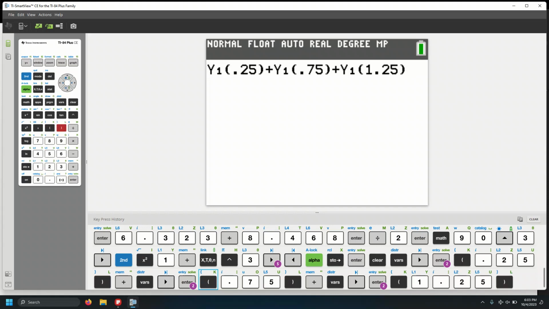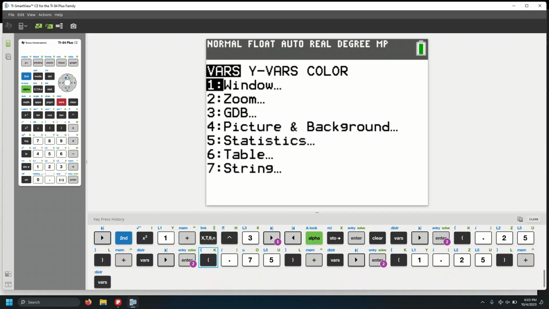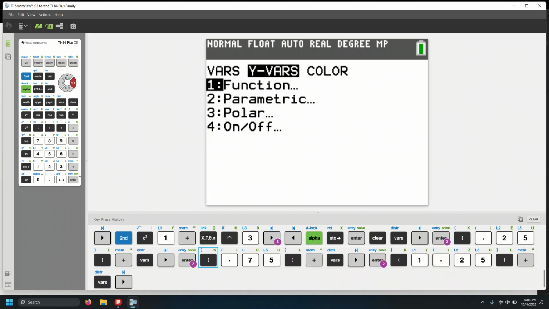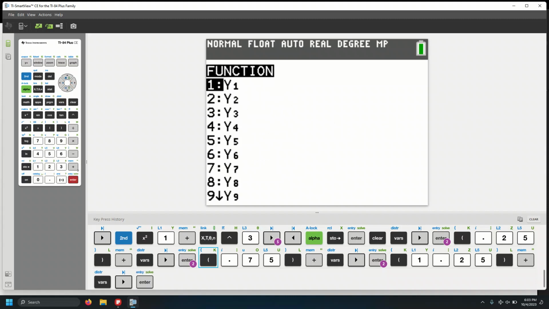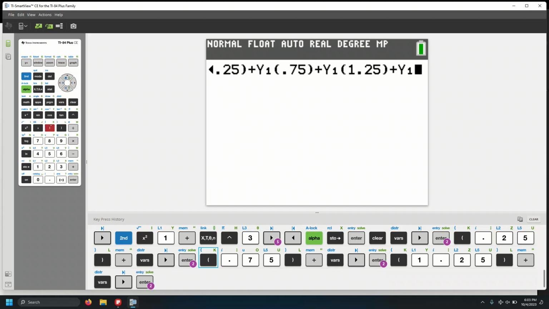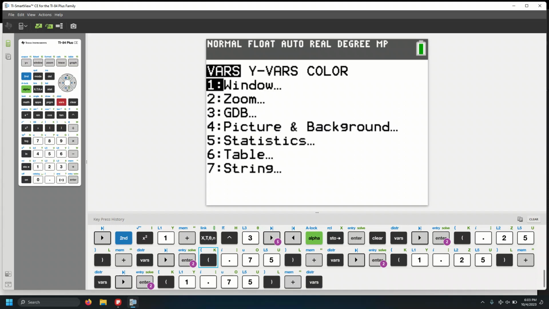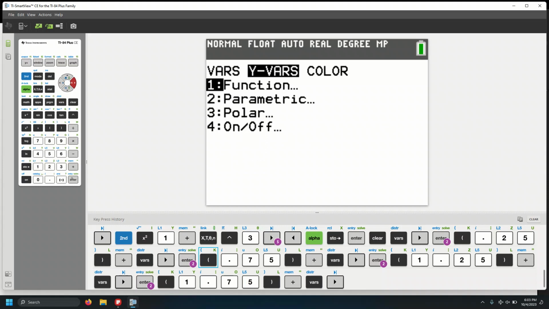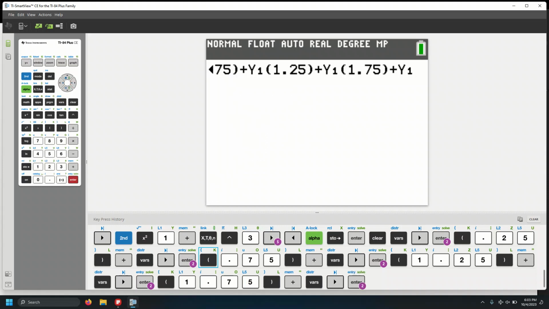Close parentheses, and then plus y bars function, y sub 1, and open parentheses again to evaluate it. What's the next one? 1.75, right? Close parentheses and add plus again y bars function, y sub 1, and the next midpoint is 2.25.